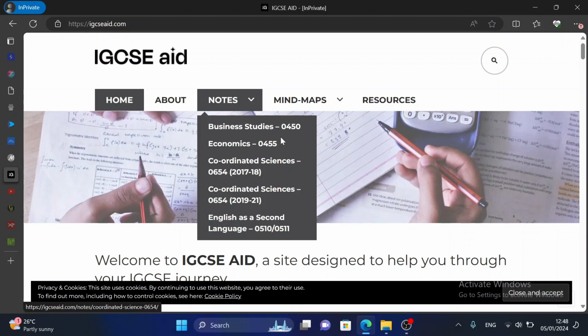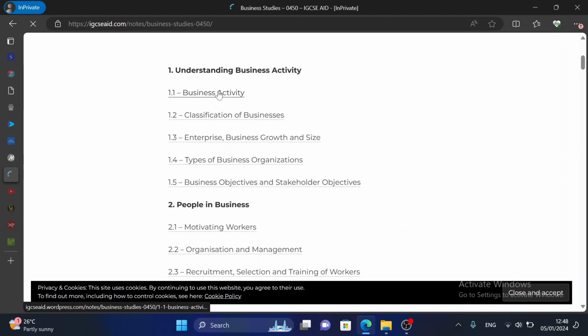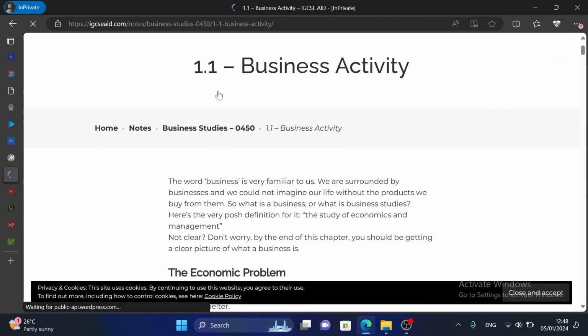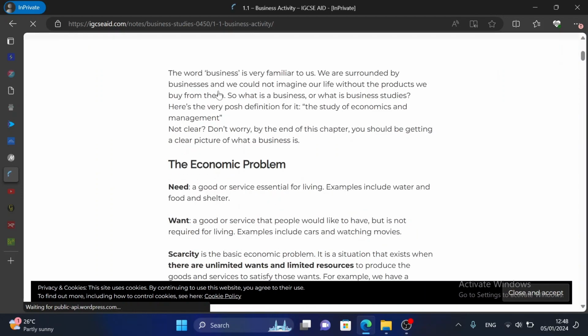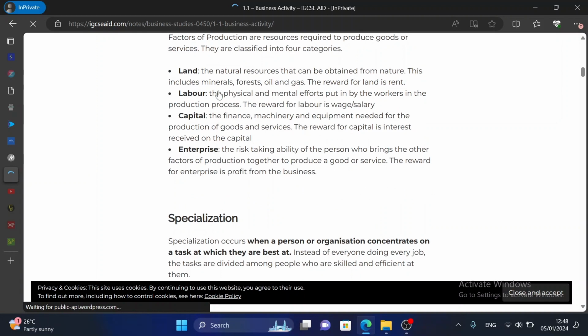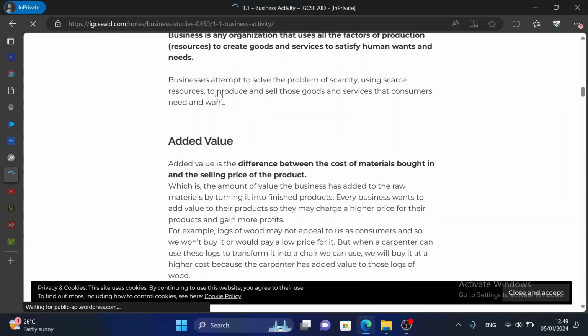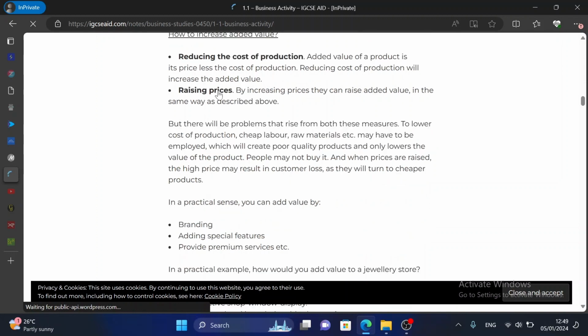Let's look at the business studies. So let's look at the first one. And this is the type of notes they have: economic problems, needs, wants, scarcity, whole bunch of blah blah blah. Never did business, so I don't understand this type of stuff. But if you do, good for you.